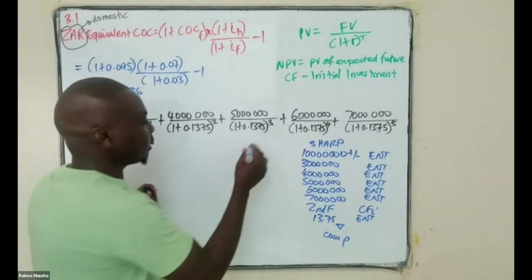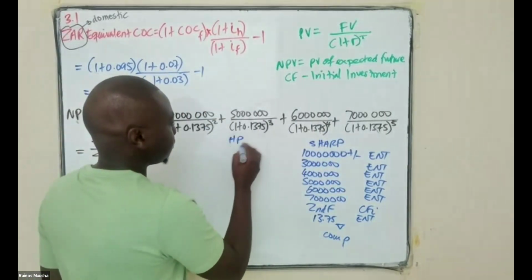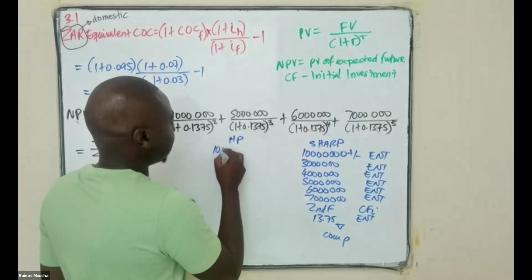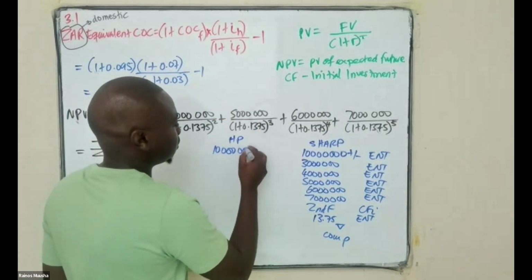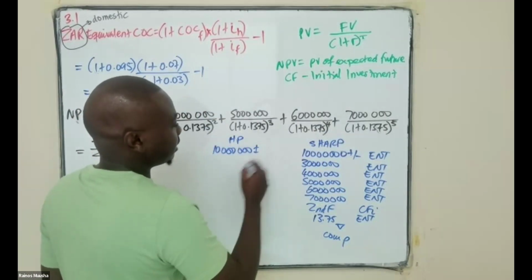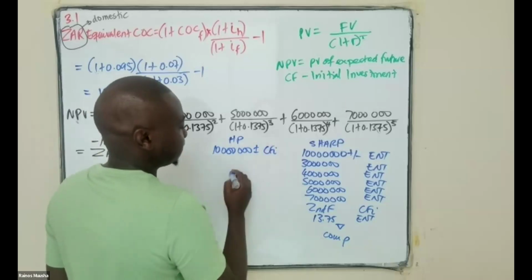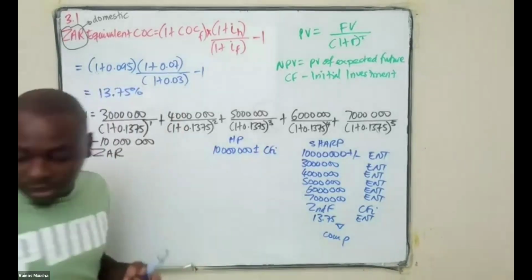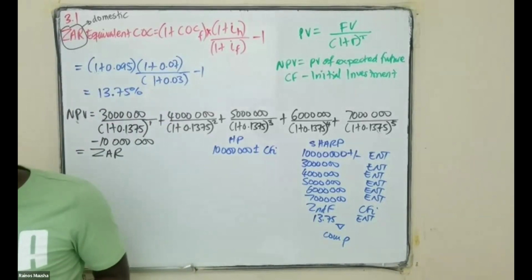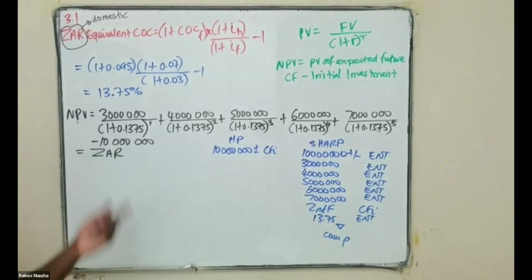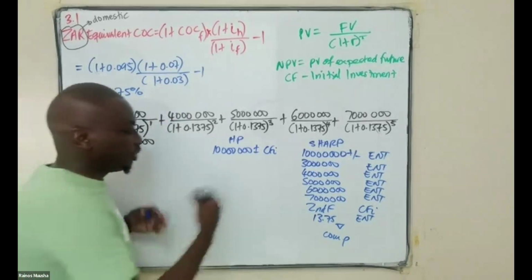And if you're using the HP calculator, you're going to say 10 million, plus minus button, and then you press CFI. Remember to clear your memory with the HP calculator. You're going to say shift, then you press C or CO, because you're trying to cancel everything in memory. Then from there, you need to enter the cash flow.